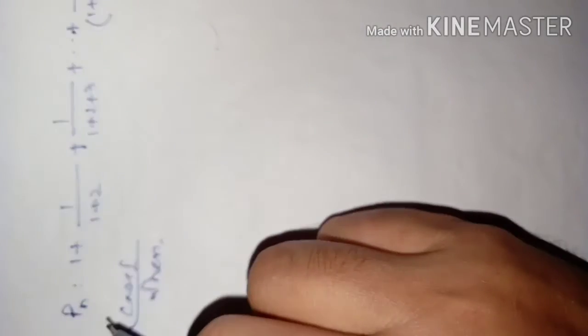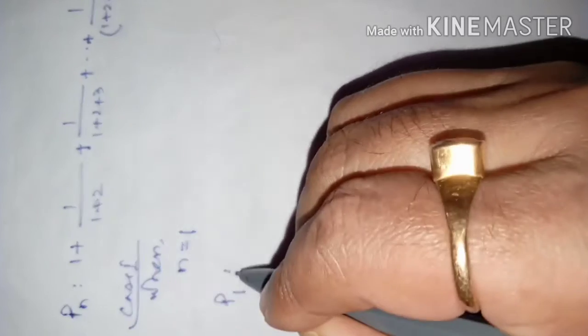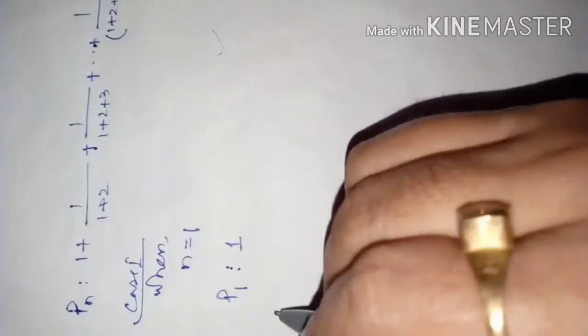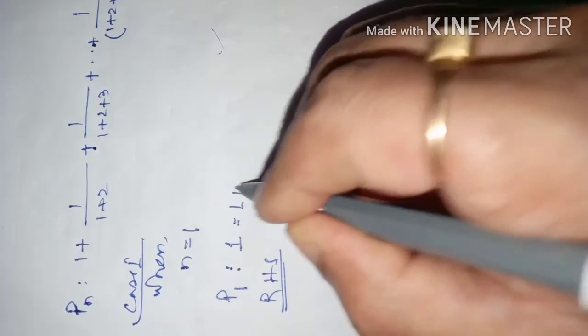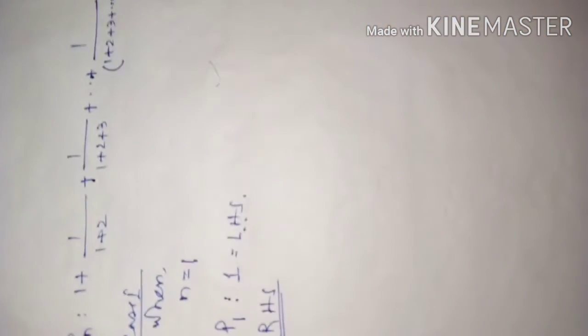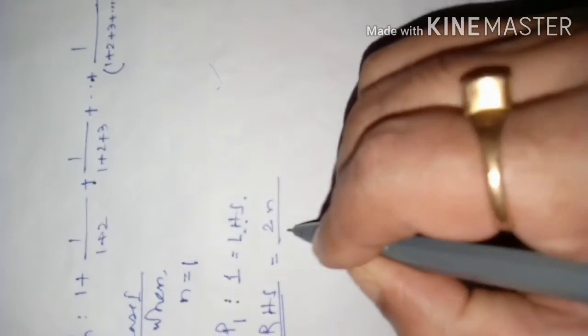So first of all we will verify it for n equal to 1. This is always the case 1, we need to verify the statement for n equal to 1. So when n equal to 1, P1, the left hand side will be 1 and the right hand side is 2n by n plus 1.